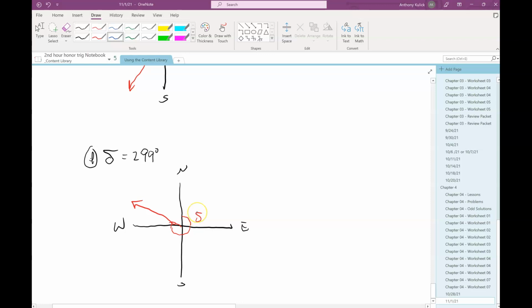And then my theta, I'm actually going to put my label down there. Again, it starts at the positive x-axis and goes counterclockwise. So it goes to there. So it's going to be 90 plus what? 61, right?